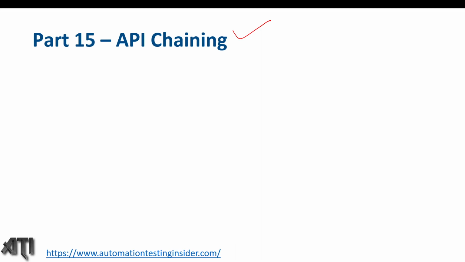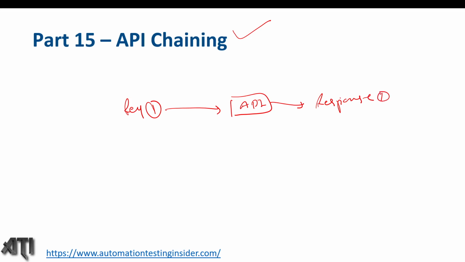Let's get started. Whenever you work on any API project, we send different HTTP requests. Let me give an example. Let's say this is request 1, which we send through an API, and we get some response 1.